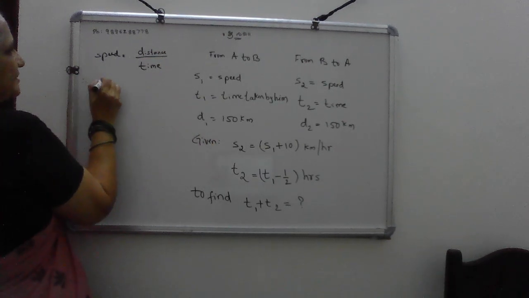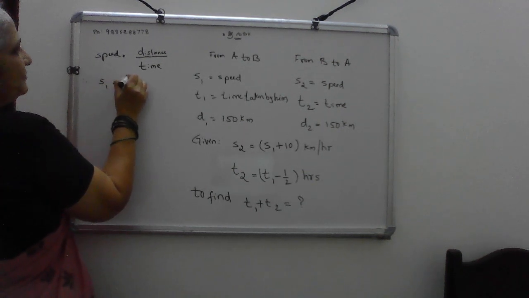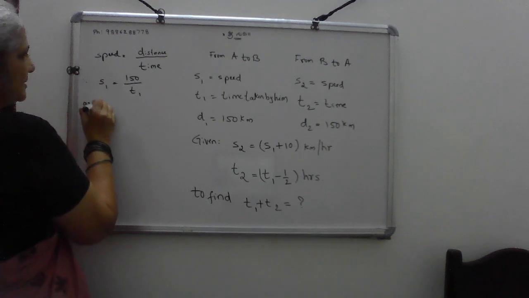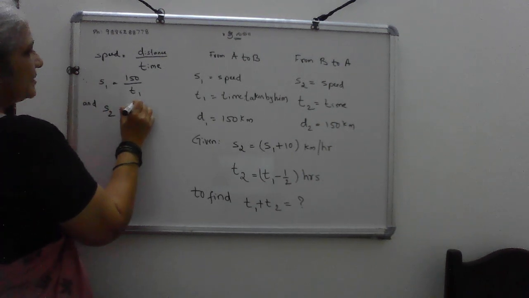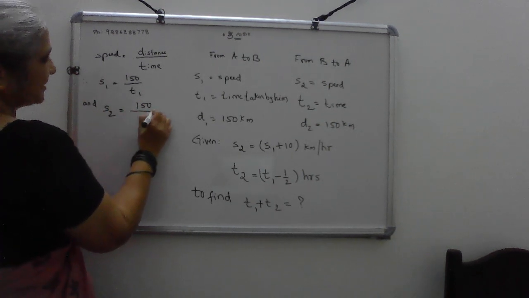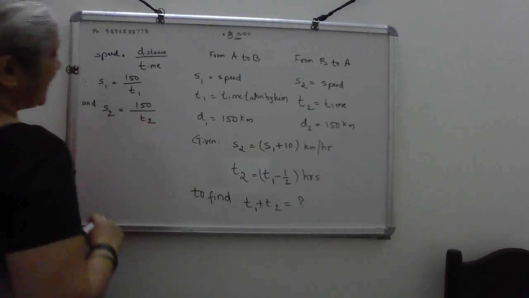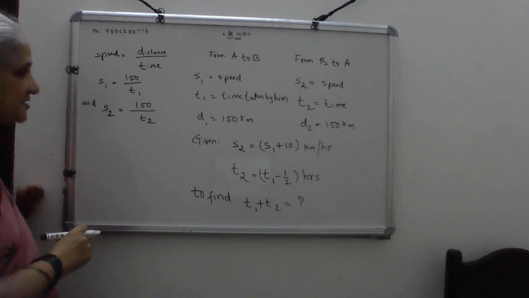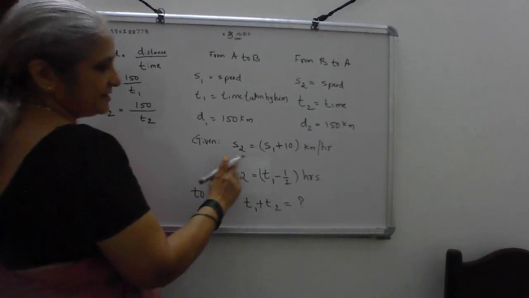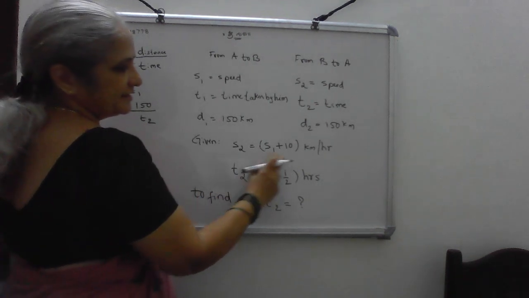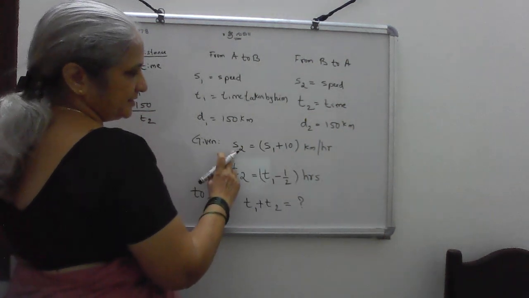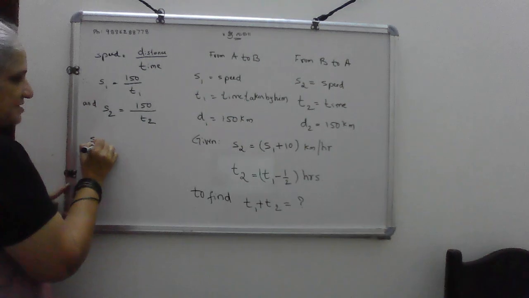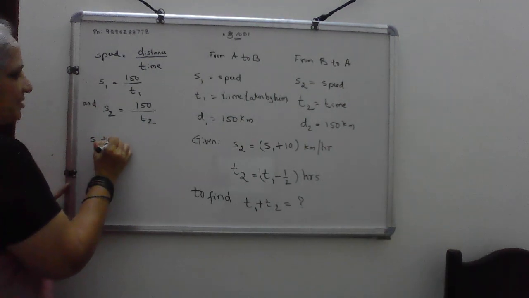Therefore, we can write S1 as 150 upon T1 and S2 as 150 divided by T2. This is his forward journey speed and this is his return journey speed. But it is given that the return journey speed is 10 kilometers more than the forward journey. Therefore, we can write S2 as S1 plus 10.